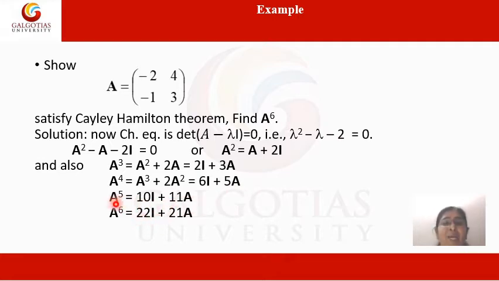Again multiply this equation with A. So I will get A^6, which is A^5 into A, which is equal to 22I + 21A. So in this way I am able to find A^6 with the help of Cayley-Hamilton theorem.